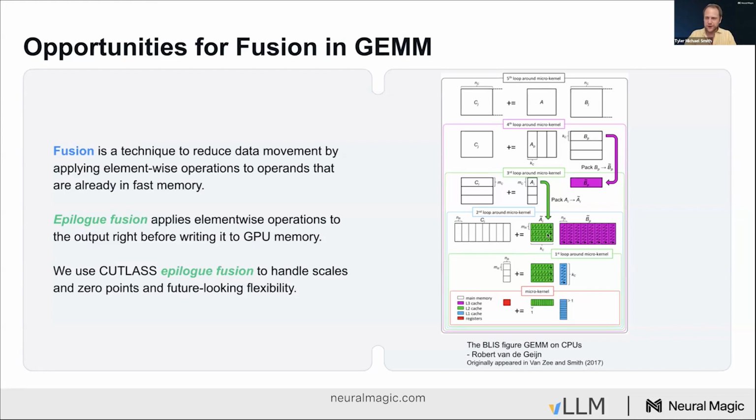This figure actually first appeared in a paper where we essentially did fusion to speed up some big O of n squared operations that come up when you implement a complex matrix multiplication in terms of real multiplications.